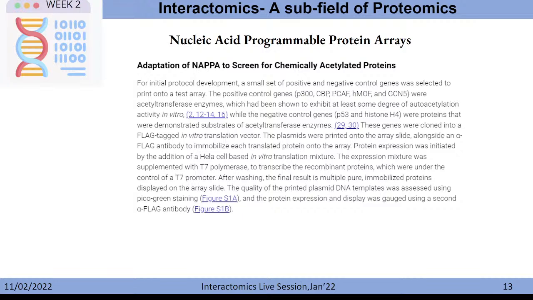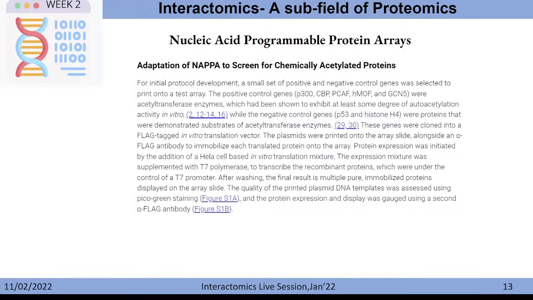So first the need is to identify those particular genes or proteins which have autoacetylation, so that these are your positive control, and these are detected correctly.